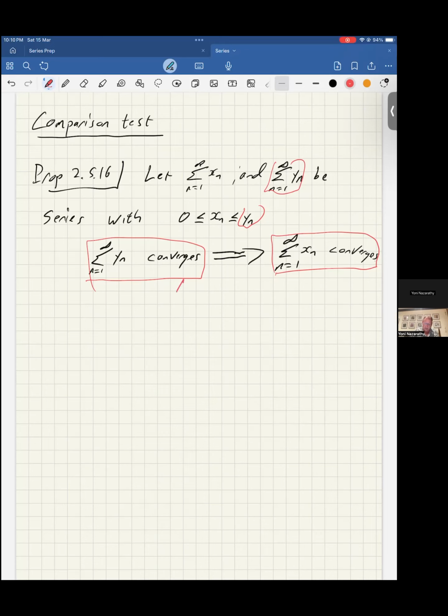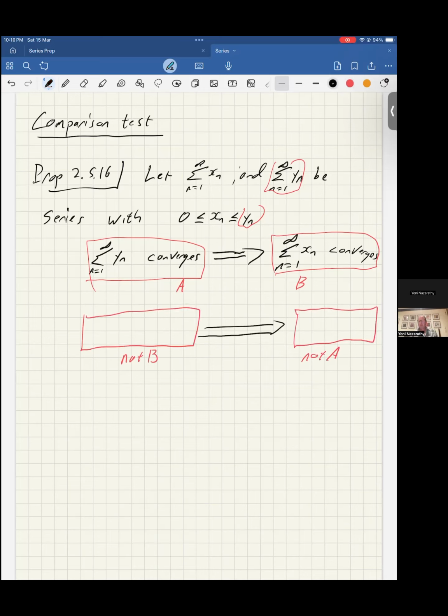So again, if this was A and this was B, now I also want to write not B implies not A.